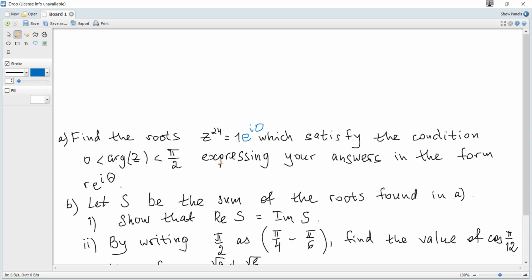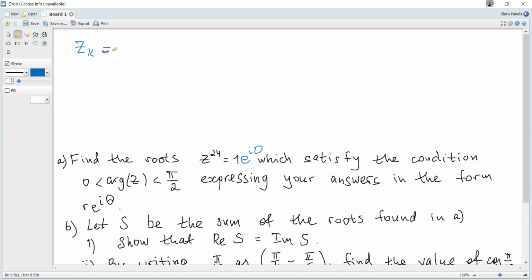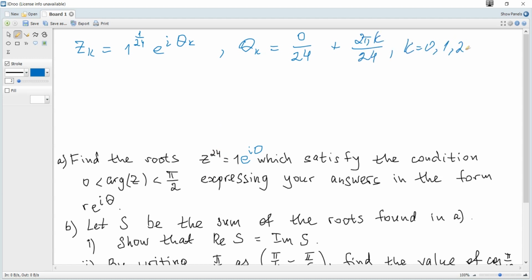And to find the required roots, we apply a formula. z k is the modulus to the power 1 over 24, or root of degree 24 of the modulus, multiplied by e to the power of i theta k, where theta k is our angle 0 divided by 24, because z to the power 24, plus 2 pi k divided by 24. k is 0, 1, 2, and so on up to 23, so that there are 24 roots in total.